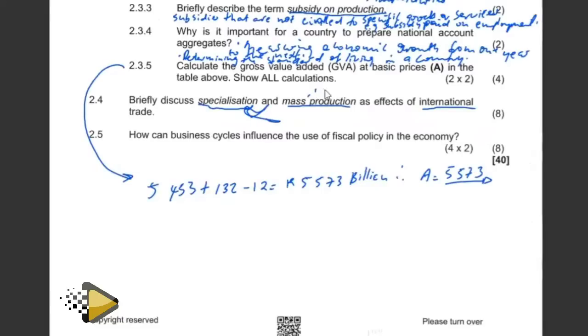And then we as well have specialization. Specialization is where an economy is concentrating on producing certain goods and services as compared to other countries. If you still remember, different countries have different resources.